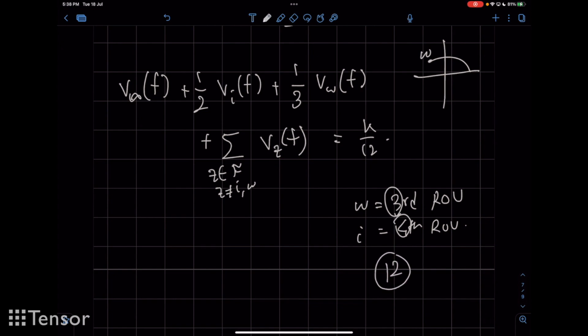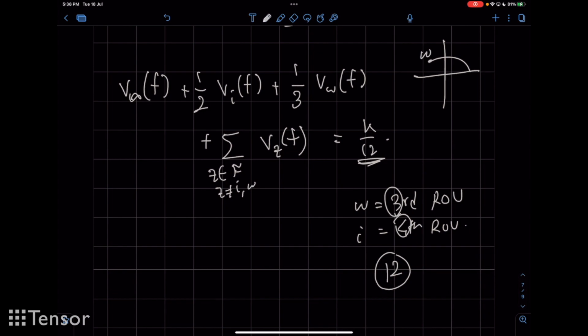So we can see a lot of occurrences of 12 in the study of modular forms. In the dimension formula, we saw a mod 12 condition. In the valence formula, there's a 12. And I think there was a very nice explanation of why 12 comes up so many times.